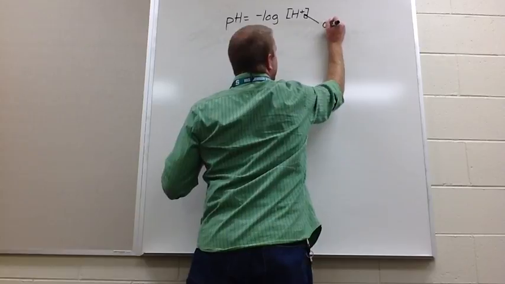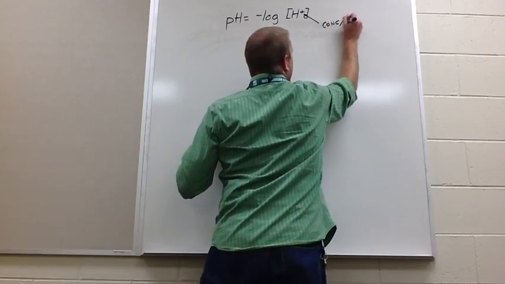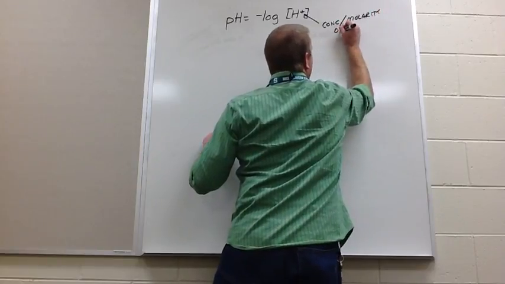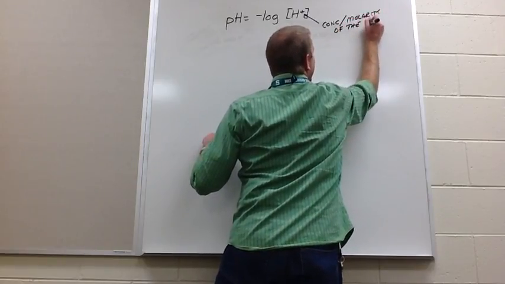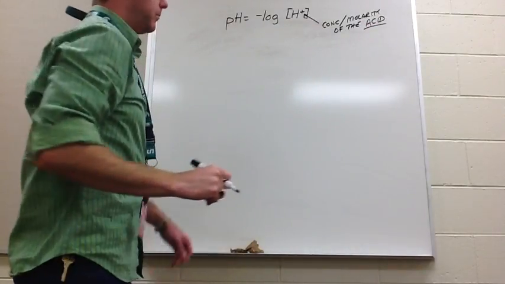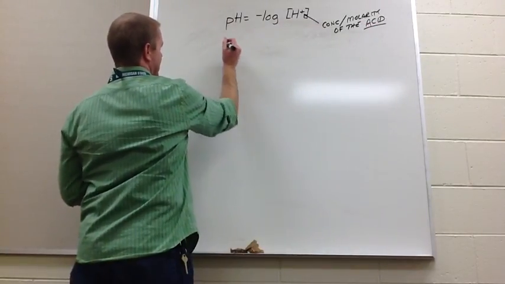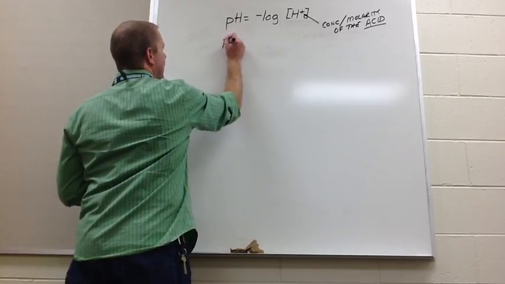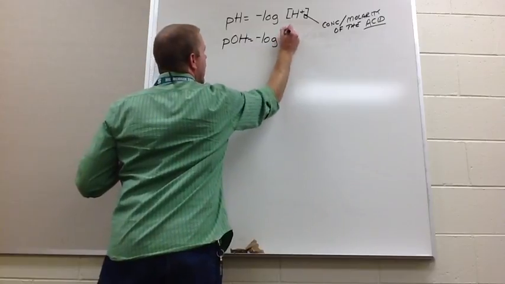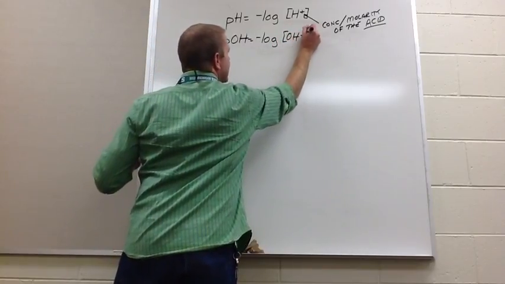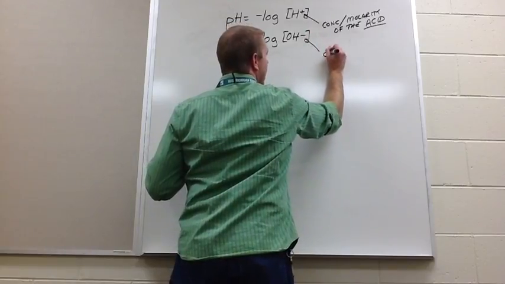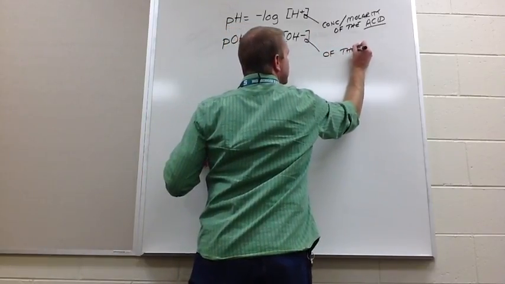This means the concentration or the molarity of the acid, meaning H plus ions. We'll talk about why that can be complicated in a minute. pOH, well, likewise, is the negative log of how many hydroxide ions there are. This is the concentration or molarity of the base.